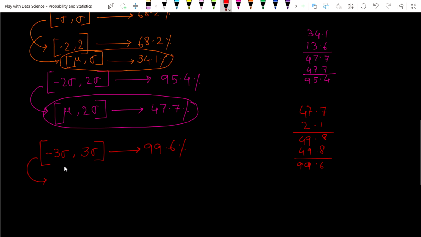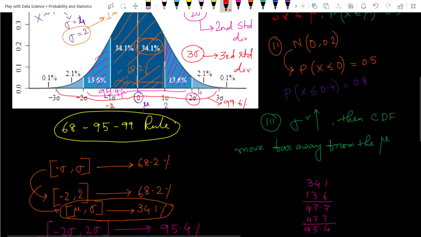In other words, between the mean and the third standard deviation, 49.8% of the points lie in this range.